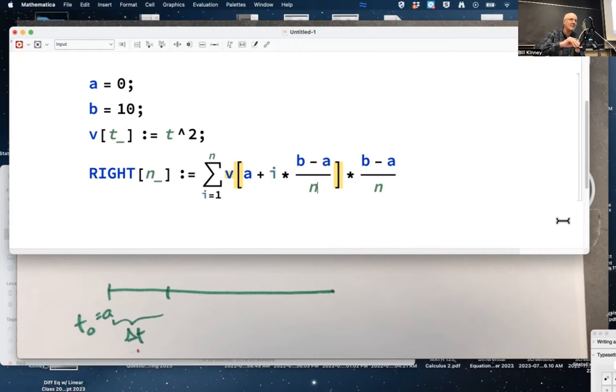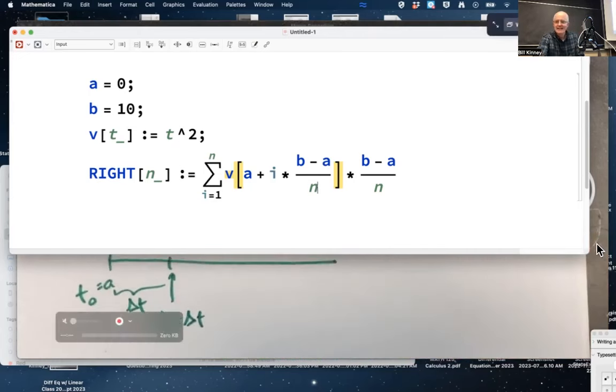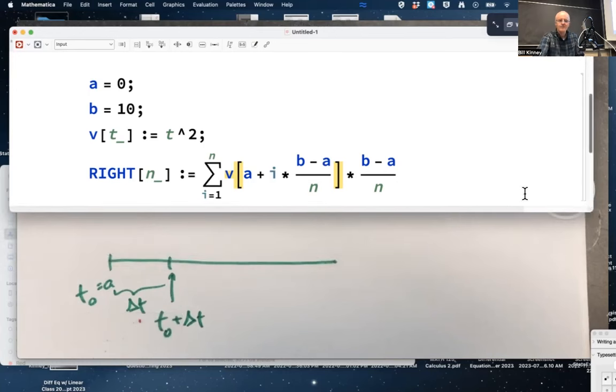If you're doing a right-hand sum, that'll be the value of t that you plug into the function to determine the height. If that distance is delta t, then this point right there has got to be t sub 0 plus delta t. Just adding delta t to t sub 0 gives me t sub 0 plus delta t. I'm going to call this t sub 1.